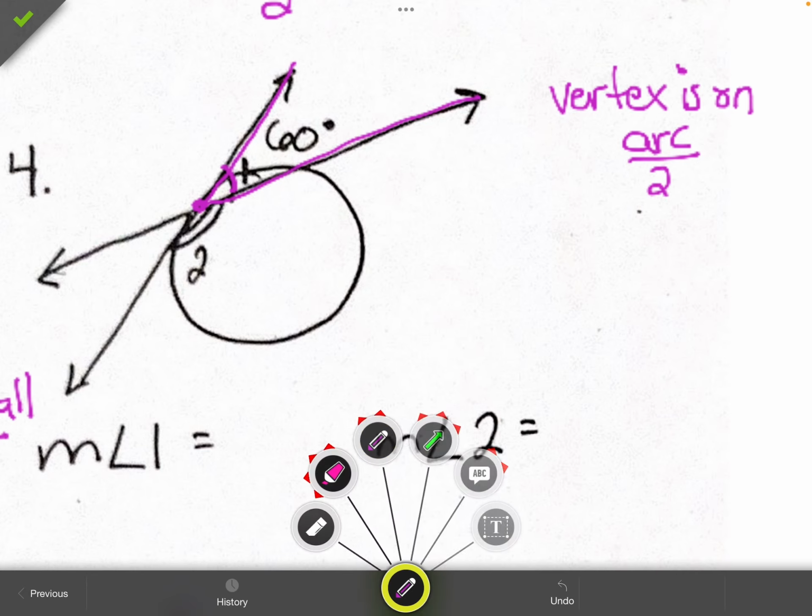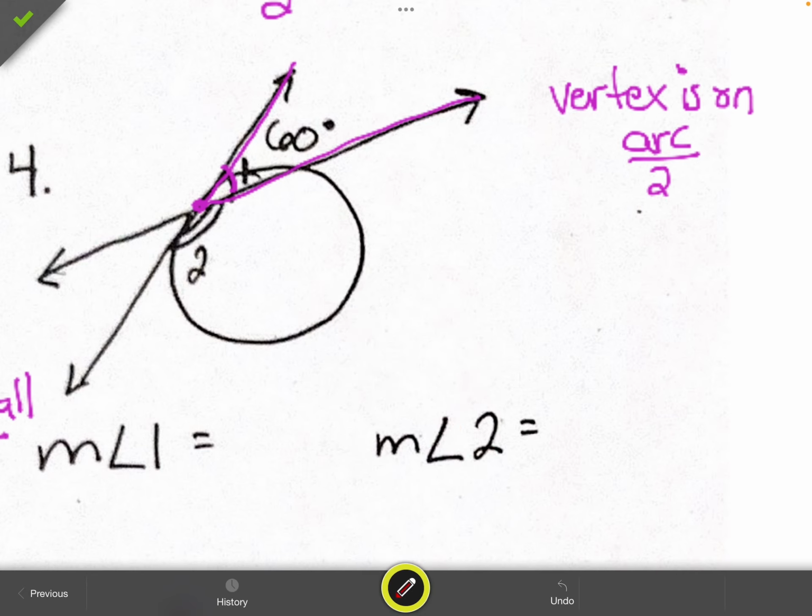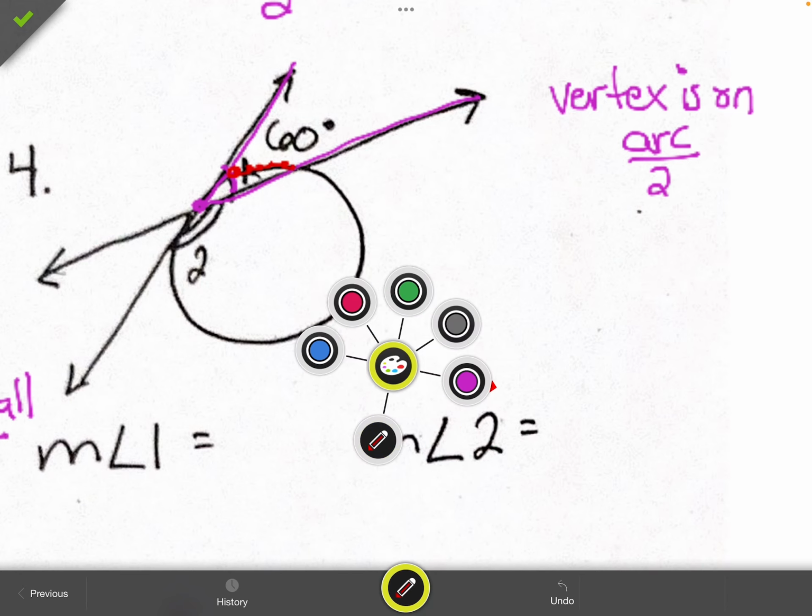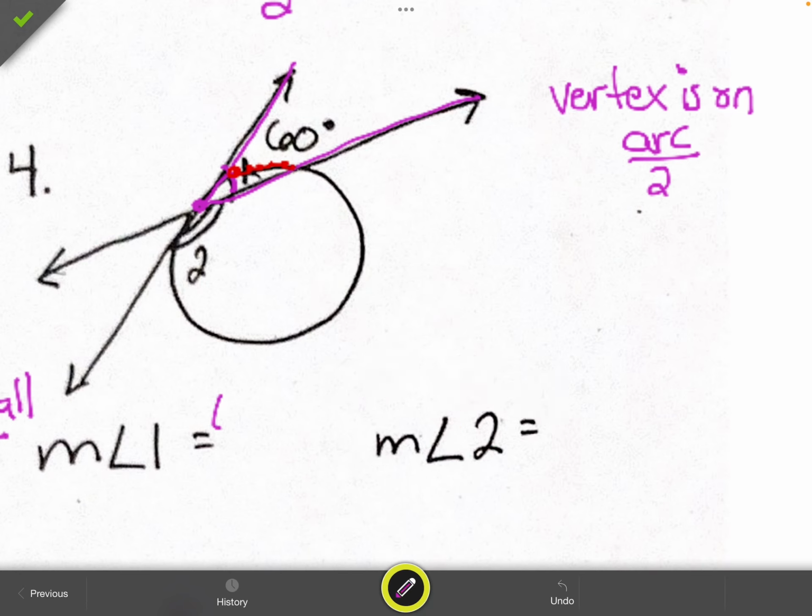So I look at angle 1. I find my intercepted arc, which is this right here. They tell me it's 60. So my formula says arc divided by 2. So my arc is 60 divided by 2. My angle turns out to be 30 degrees. So angle 1 is 30 degrees.